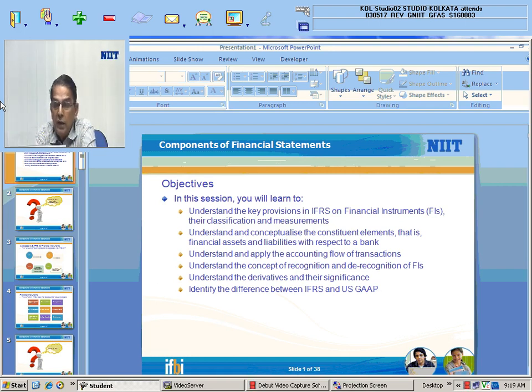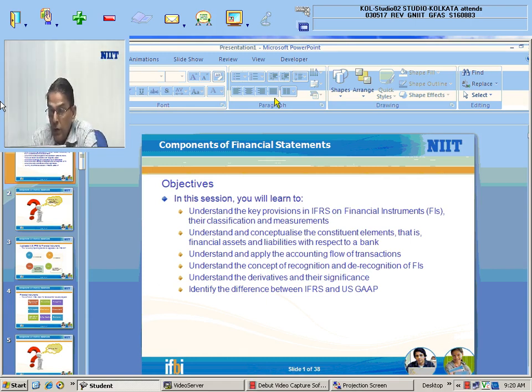So we will try to understand and conceptualize the constituent elements, that is financial assets and liabilities, understand and apply the accounting flow of transactions, understand the concept of recognition and de-recognition of FIs, financial instruments, the derivatives and their significance, and the difference between IFRS and US GAAP so far as accounting for financial instruments is concerned.